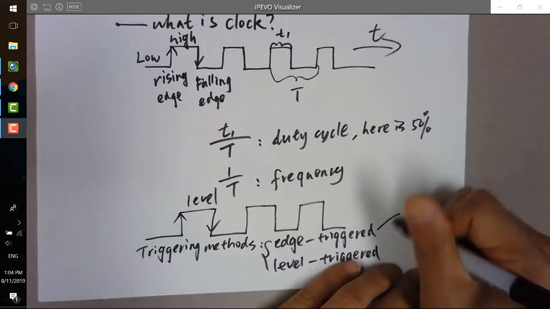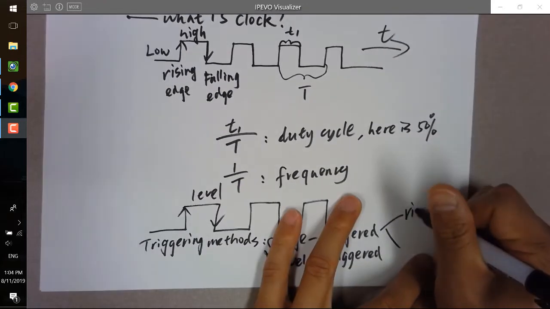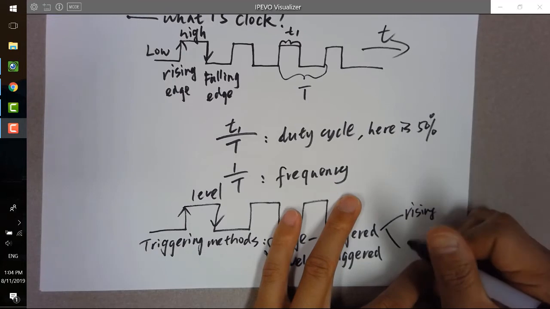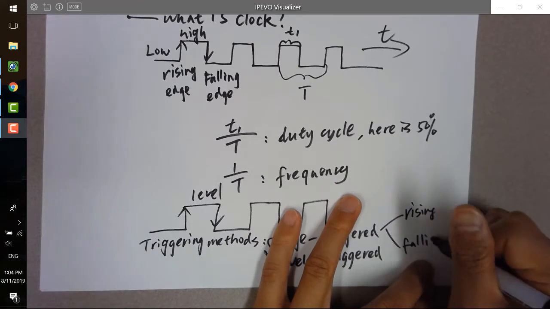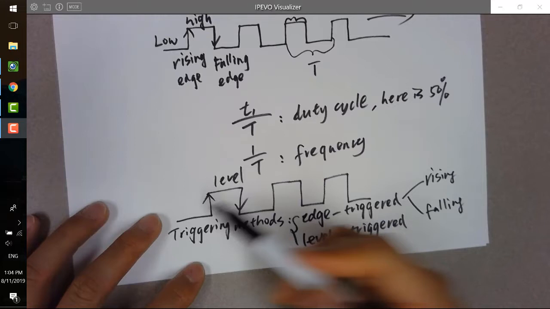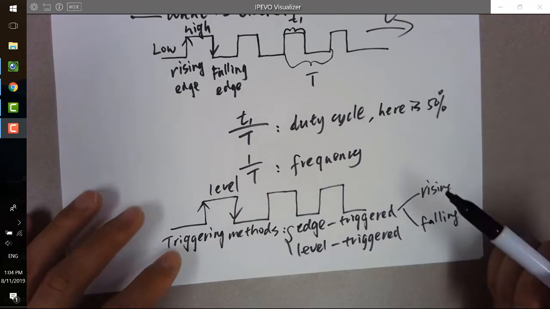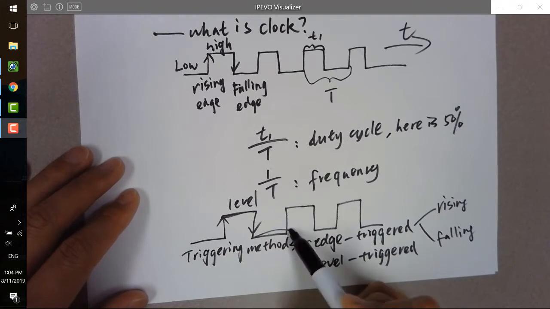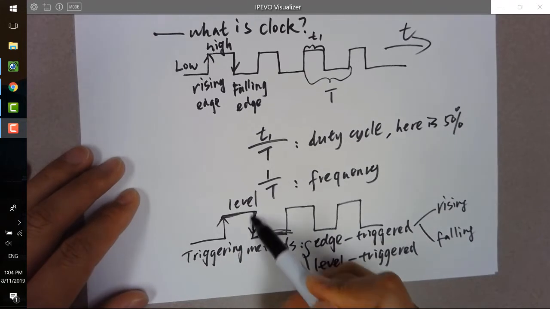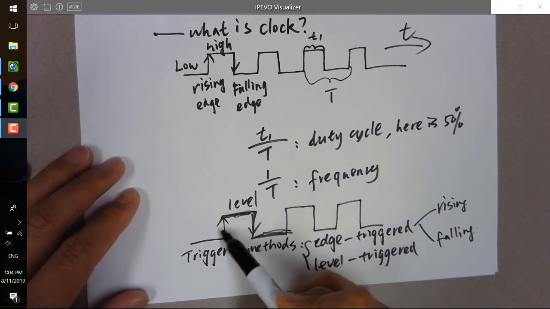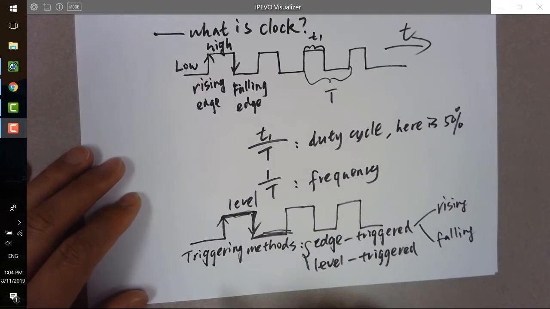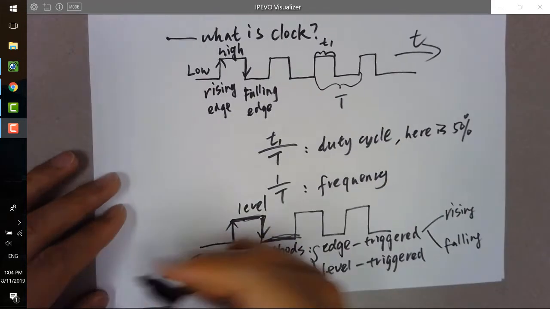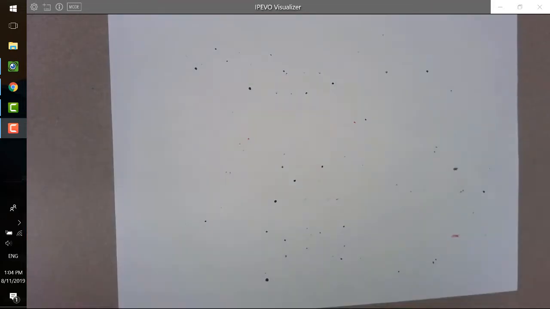In edge triggering, you have rising edge triggered or falling edge triggered, which means the edge is going to trigger the operation for the movement of the logic. Level can be level 1 or level 0, and edge triggered can be rising edge or falling edge. So that's just the basic fundamental concept you need to know before we move forward.